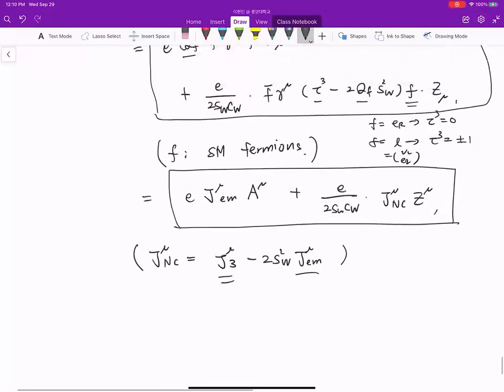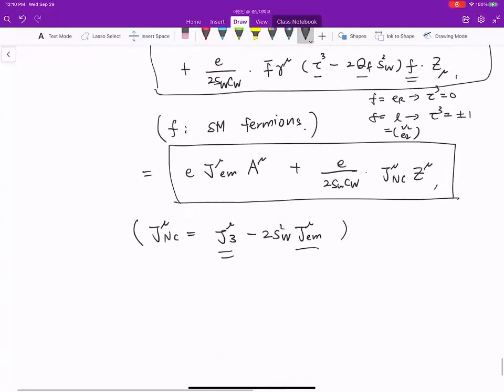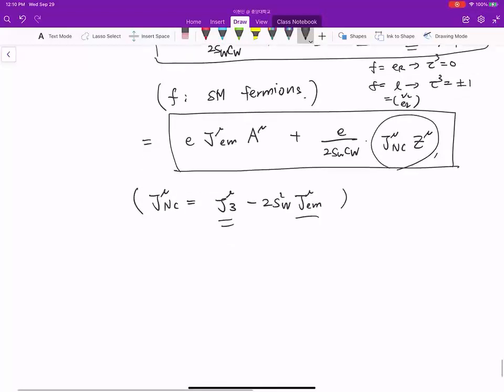But you can also find this neutral current form can be written, so just J mu.